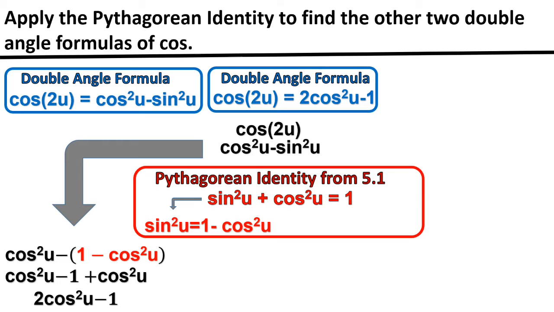Similarly, if we go back to the Pythagorean identity and solve for cosine squared of u by subtracting sine squared of u from both sides, we will get this. Now we can replace the cosine squared of u with 1 minus sine squared of u.